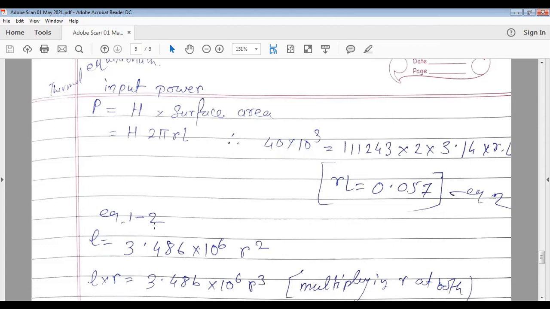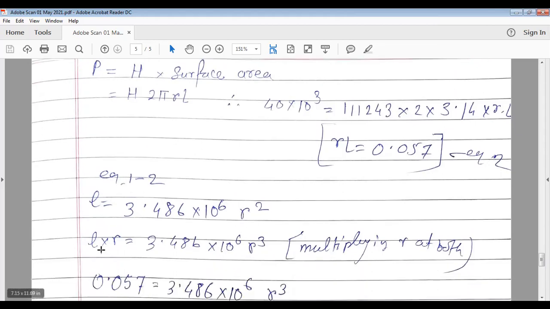So from equation 1 and 2, L by r squared equal to 3.486 into 10 to the power 6, and we multiply by r, so r into L gives r cubed.